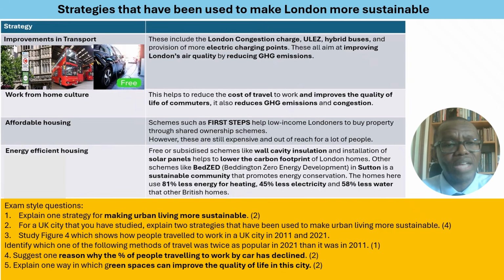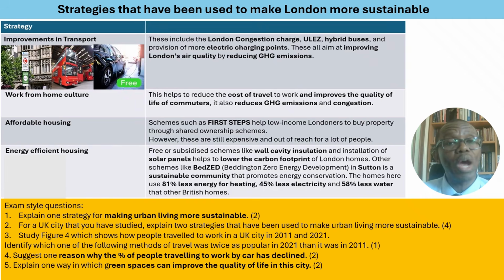Then the next strategy that we are going to talk about here is the work from home culture. Now, of course, if more people are working from home, then it will reduce the need to travel to work. And of course, as that need to travel to work is reduced, then it means that the greenhouse gas emissions are also going to be decreased.